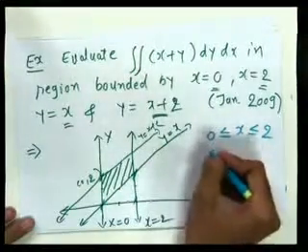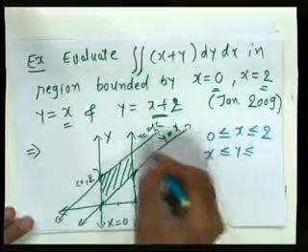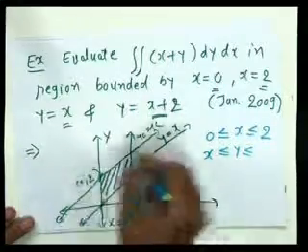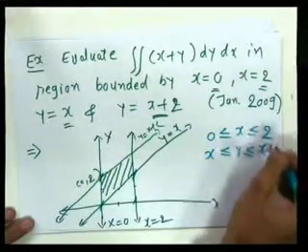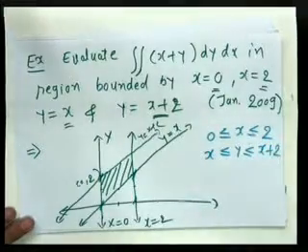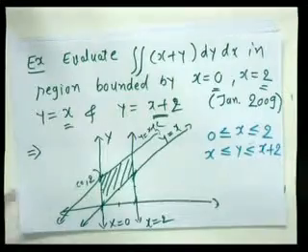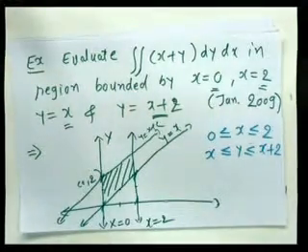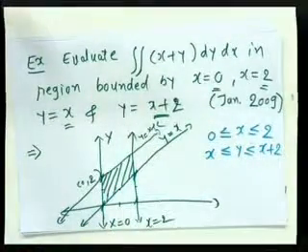So the lower limit of y is x, and the upper limit of our region is y = x + 2, that means this line. So after all, we get the limit of x is 0 to 2 and the limit of y is x to x + 2. So here we can see our region.